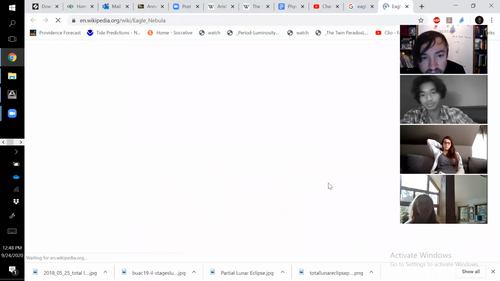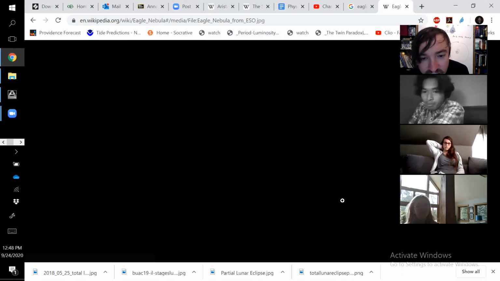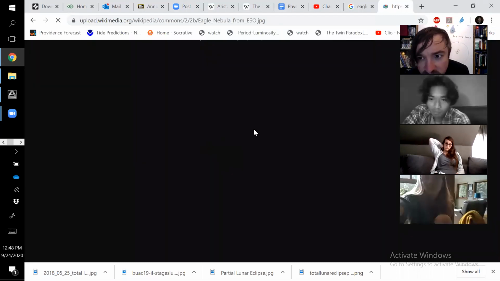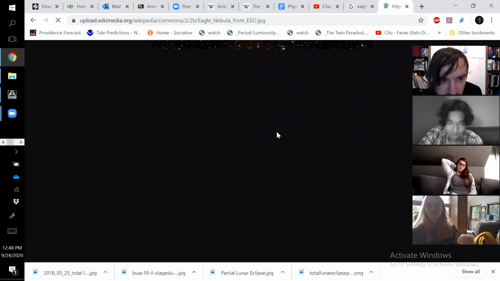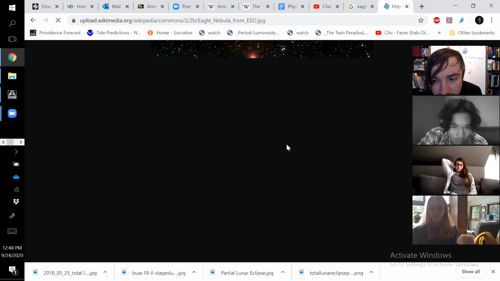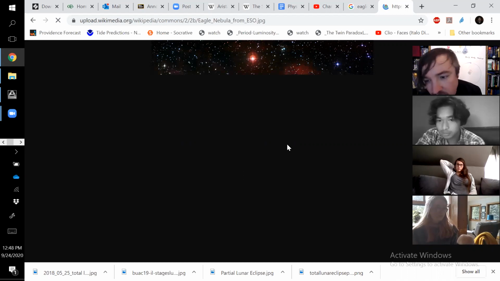Okay, here we are, and we've taken a ride in the Millennium Falcon, and now we are in the Eagle Nebula. Look at all this. This is a pretty high-resolution picture, so it's going to take a second to load. Really need to get some faster internet up here. Just bear with me, guys.